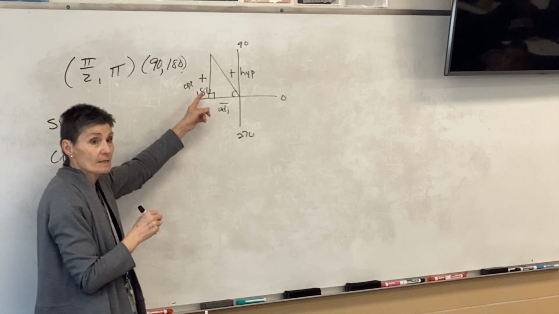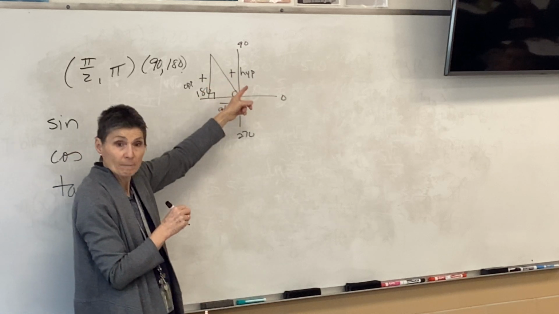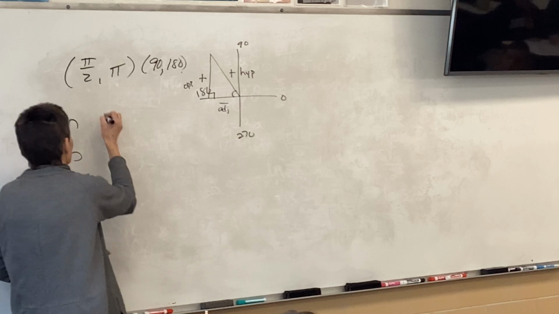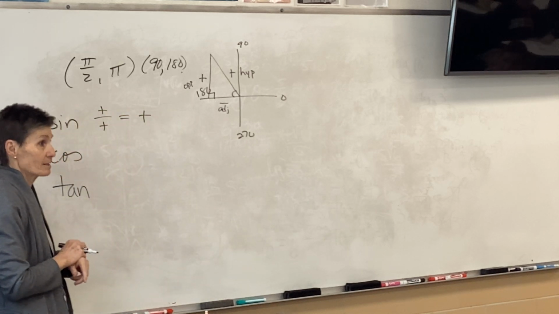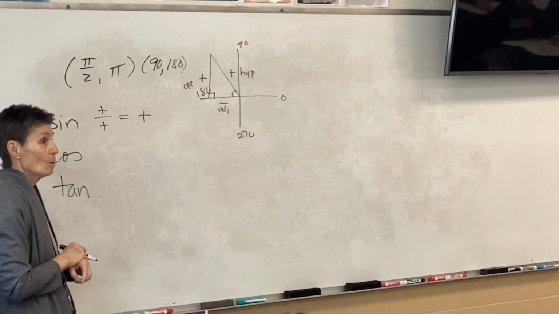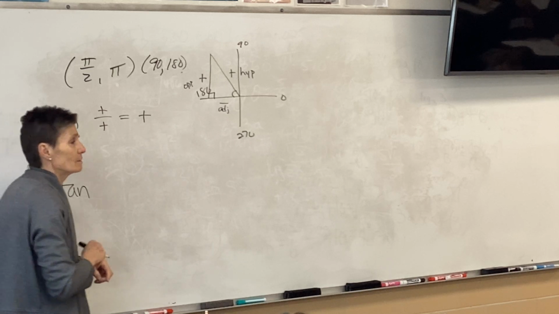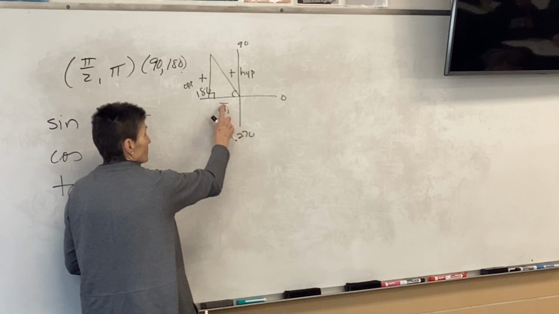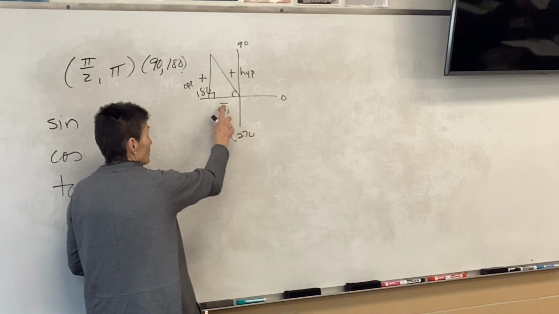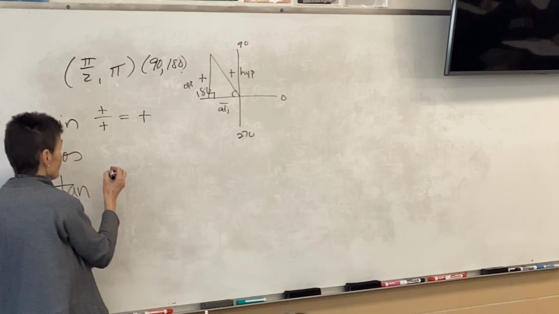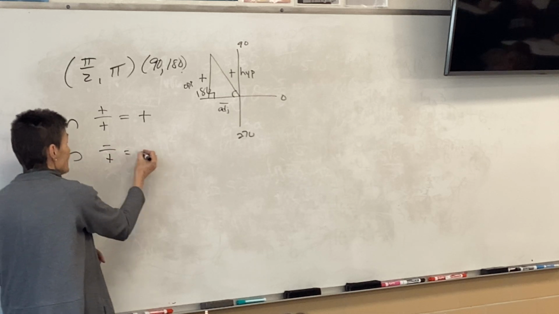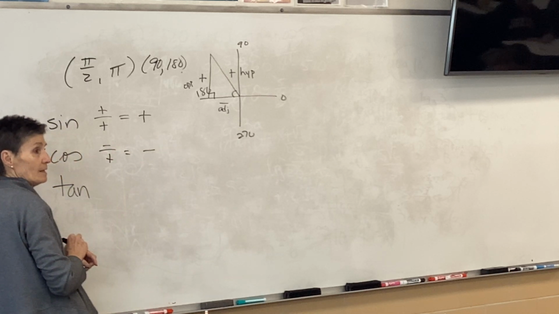Sine is opposite over hypotenuse. So that's positive over positive, so the sine is positive. What about the cosine? Watch it. Won't the cosine be negative over positive? Which means it is negative.